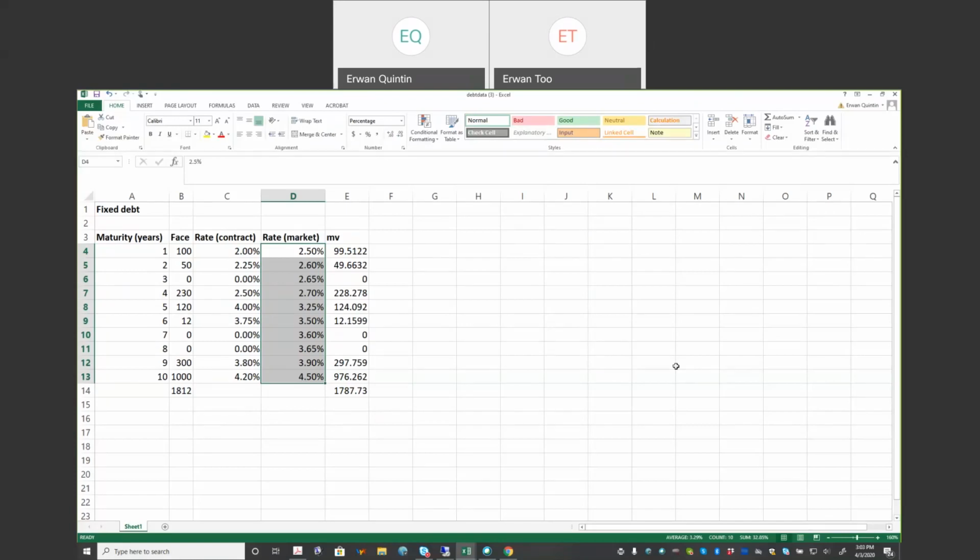So the information that you do have from the financial statements at least is going to give you an idea of what the average maturity is on the corporation's debt. It's going to give you an idea of what the average interest rate is on the corporation's debt. And finally, since you have the average maturity, you're perhaps going to have a good idea of what debt of that type of maturity for that type of corporation is earning in the market right now.